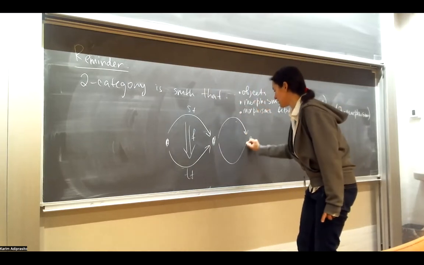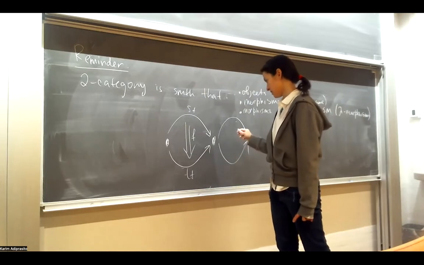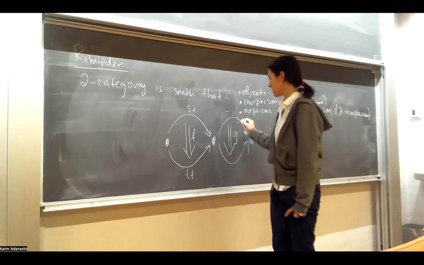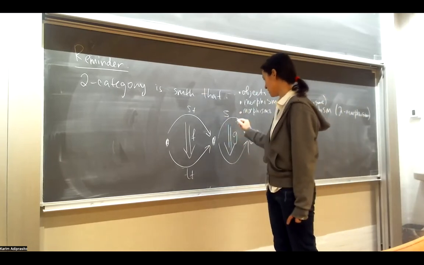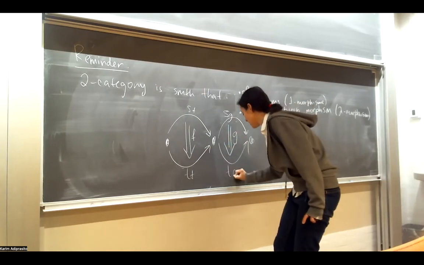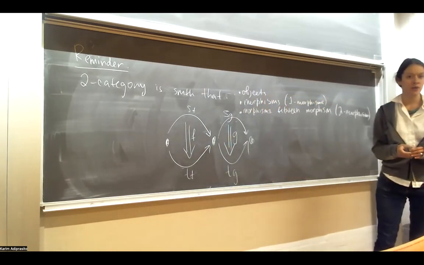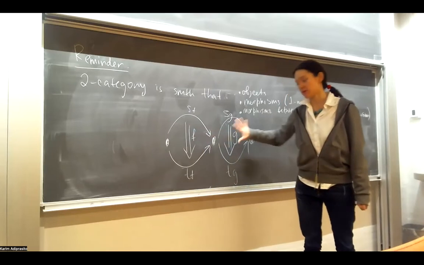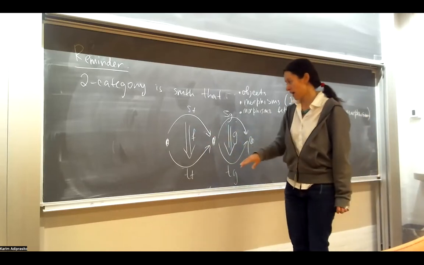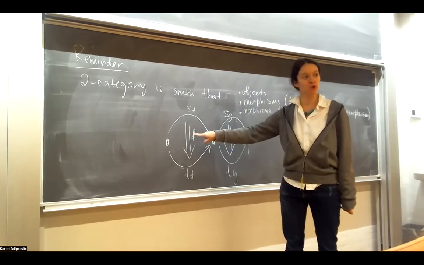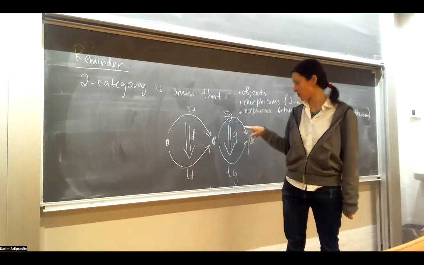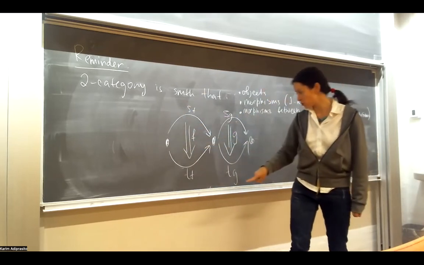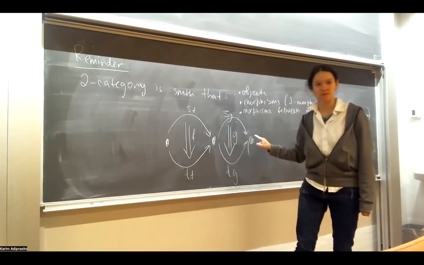And let's call these 2 morphisms here G. And let this be the beginning of G, and this the end of G. So in the strict 2-category, there is exactly one way of composing everything in this picture, so that you have a 2-morphism F composed horizontally with G that goes from the composition of SF with SG to the composition of TF with TG.